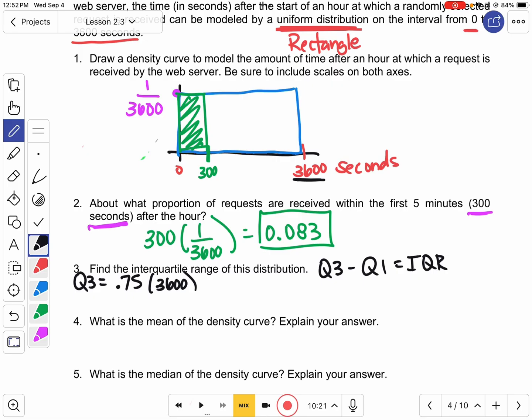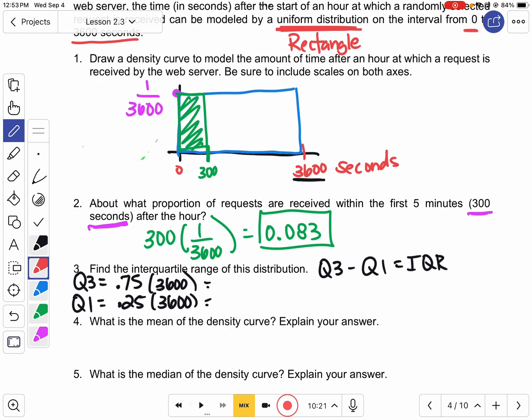So I don't want the full length, I just want 75% of it. Quartile 1 would be how much of the data? 25% or 1/4. So 0.25 times 3,600. Quartile 3 is at 75% and quartile 1 is at 25%. Let's get those numbers, and then we're going to subtract them.